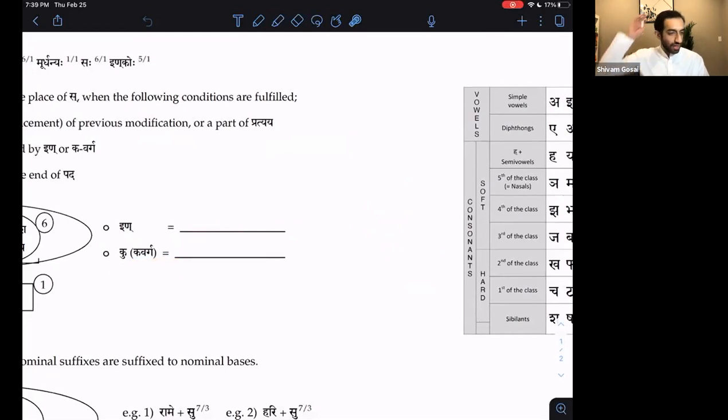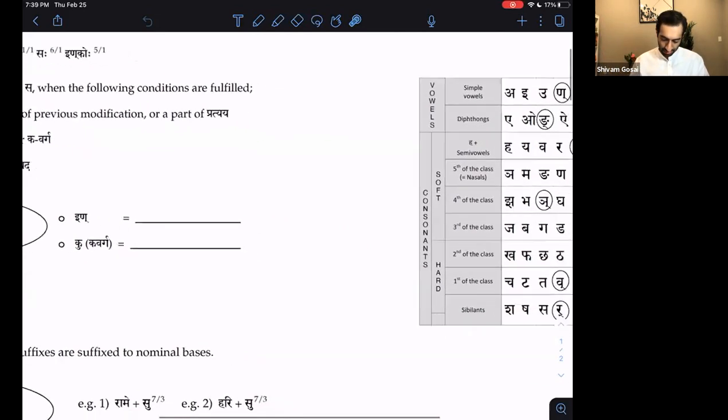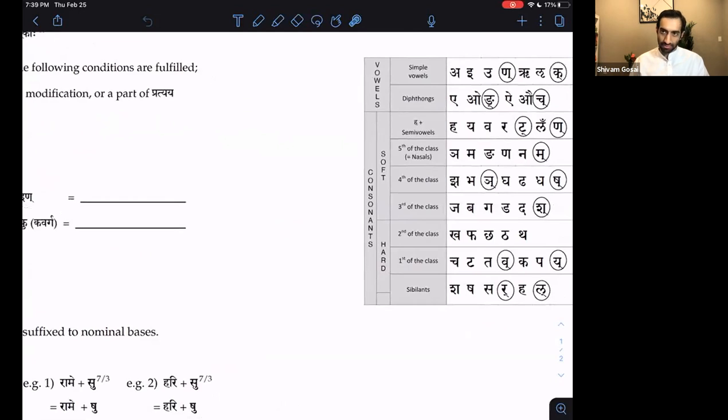And kavarga is ku. It's just that first line of ka, kha, ga, gha, na. This is the ngakara. Some people have different pages, so it's either 71 or 78 in your book.